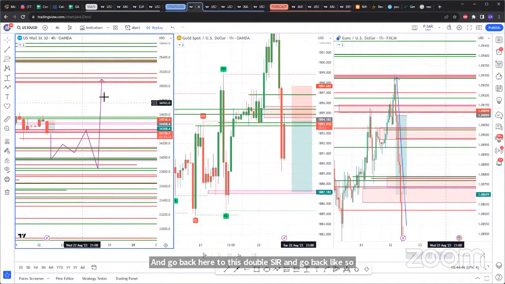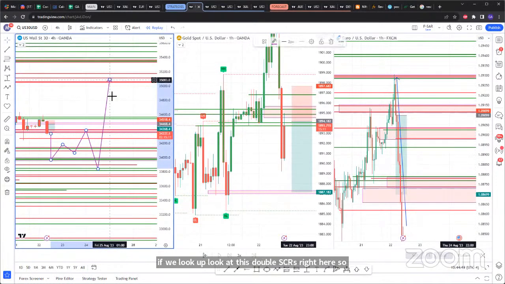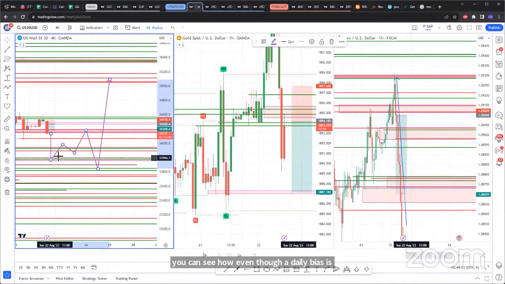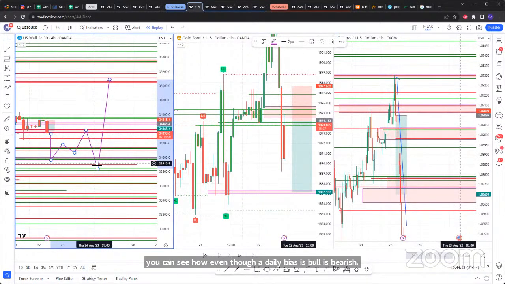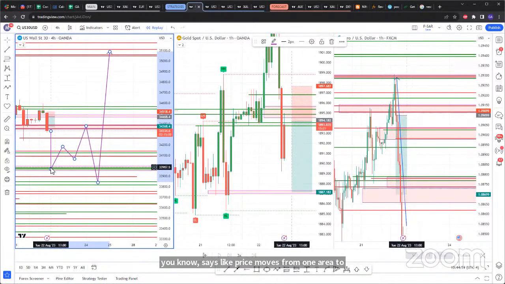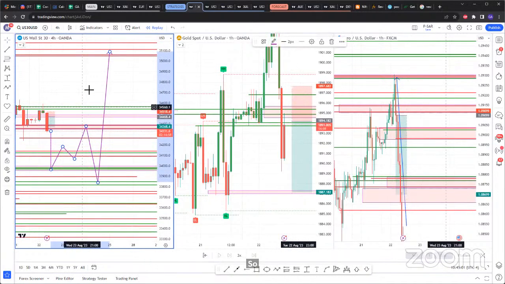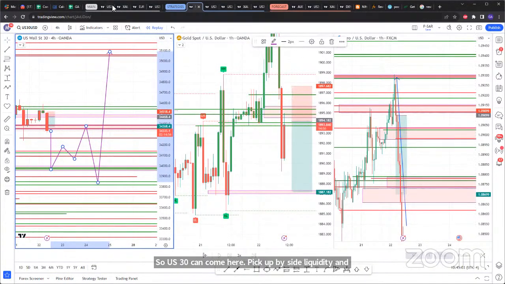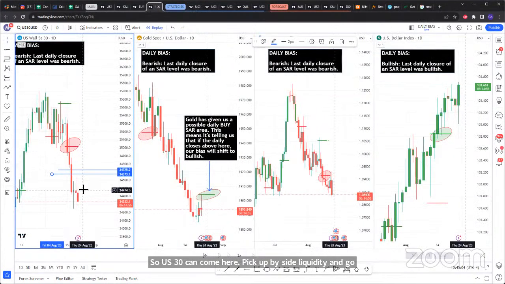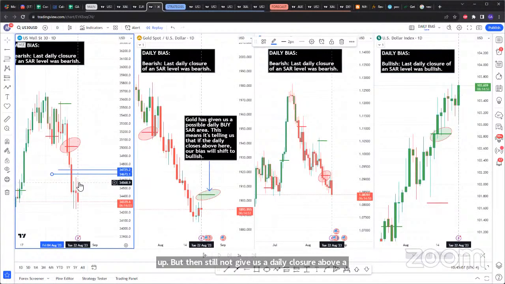So you can see how, even though the daily bias is bearish, price action moves from one area to another. US 30 can come here, pick up buy side liquidity and go up, but still not give us a daily closure above a green SAR, or even give us a daily buy SAR at all.